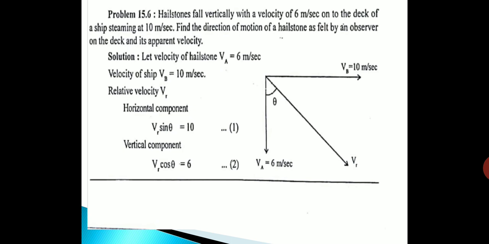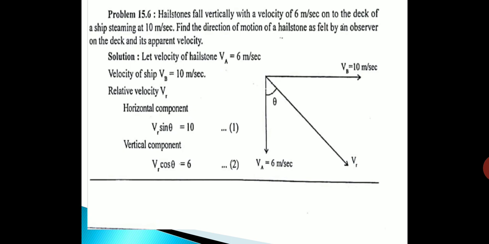It comes down at some angle, and you want to find at what angle and with what velocity it is coming. This example is the same one for relativity which I told you about.